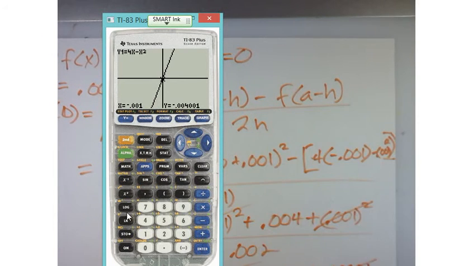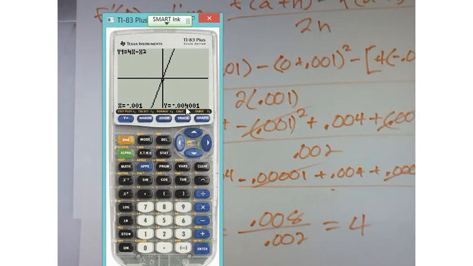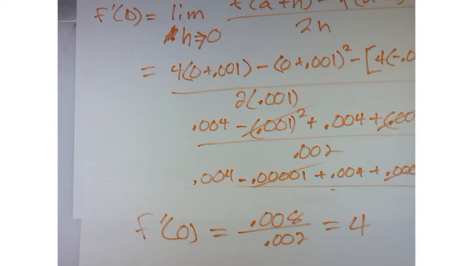Well, that x value is this. And that's where I get this from and this from. And then I evaluate it and I get the corresponding y values. Okay? Now if I take the secant line and calculate it, my change in y is 0.008 and my change in x is 0.002, and so my slope is 4. And that's all they wanted us to do.